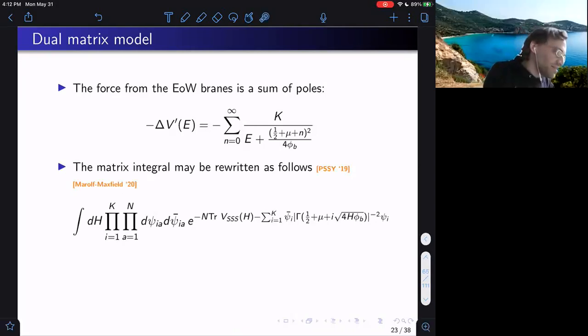So one can do something similar to what's been done before. These other papers by Rolf Maxfield and the West Coast paper wanted to think of these end of the world branes as states in the Hilbert space, and from the perspective of the disorder average theory, we can basically consider these complex bosons here. So I labels an end of the world brane, and A is a component of a vector.